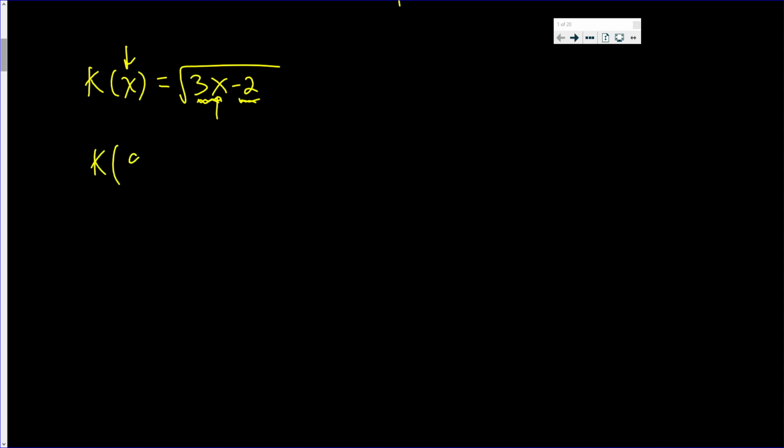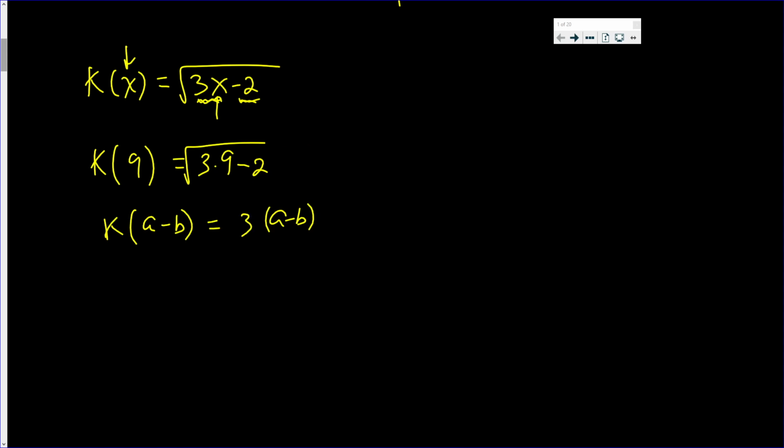So if I ask you what k of 9 is, I'm going to multiply what's inside the brackets by 3, take away 2, and then square root the whole thing. What would k of a minus b equal? Well, I take what's in the brackets, I denote that I'm multiplying it by 3, I then take away 2, and I take the square root of it.